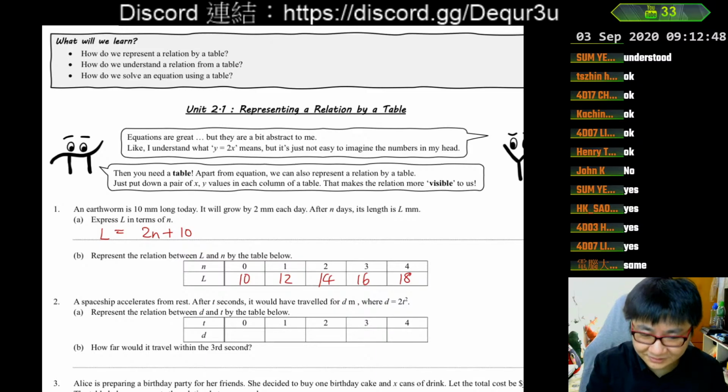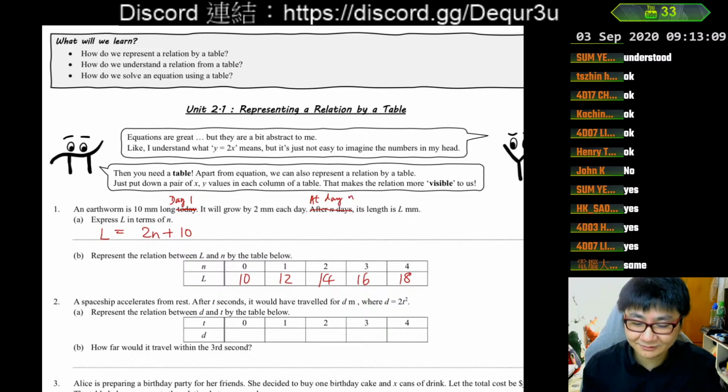If I change the question a little bit, not saying today, but saying it is day 1, and then I change it to at day n, its length will be L. Then this relation will be a little bit different. Do you understand what I mean?